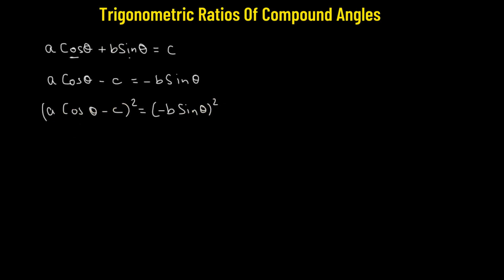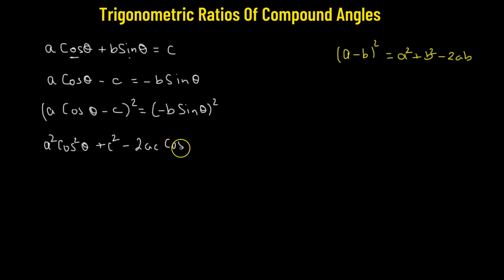Now a cosine theta minus c can be easily expanded by using the fact that a minus b whole squared expands to a squared plus b squared minus 2ab. So we have a squared cosine squared theta plus c squared minus 2ac cosine theta.